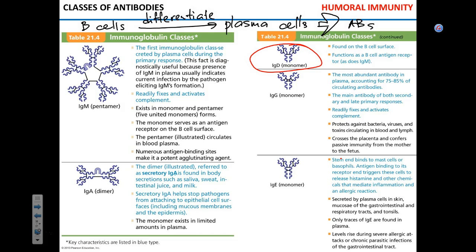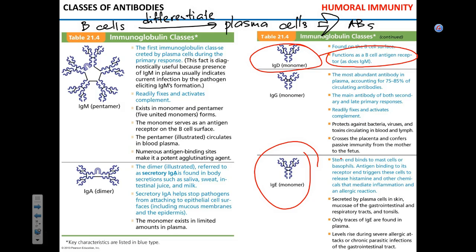It's kind of written here: B cell receptor. Next one that I wanted to mention is IgE. IgE has quite a unique feature. It's the allergic antibody. It is produced during exposure to the allergen, and it sticks.